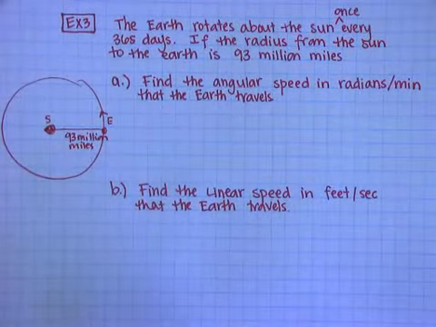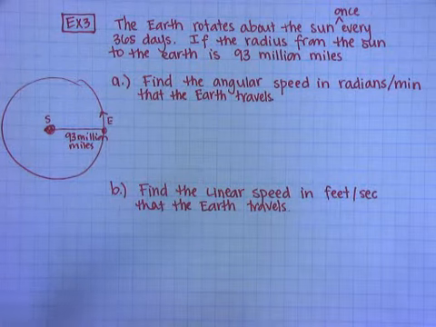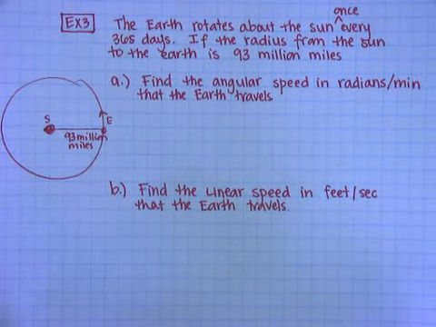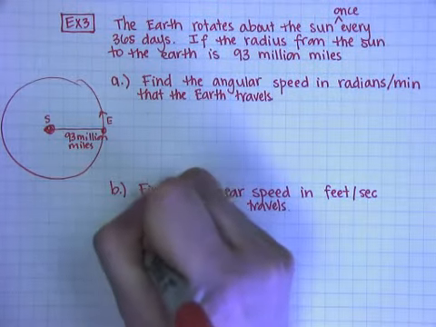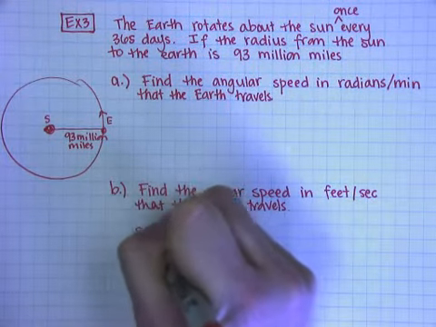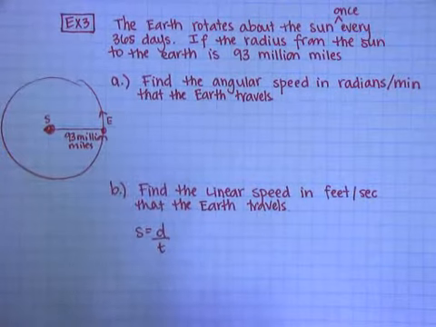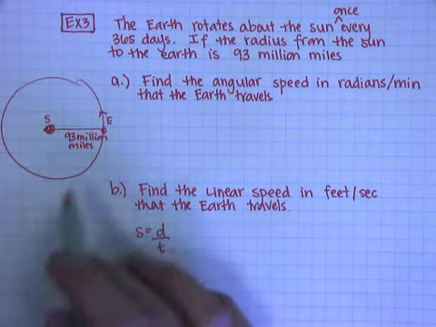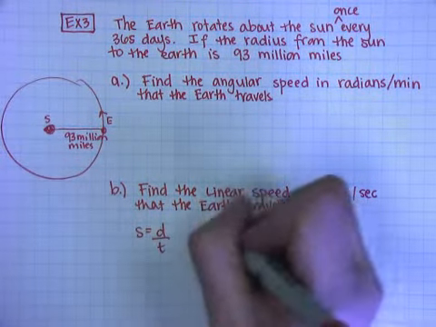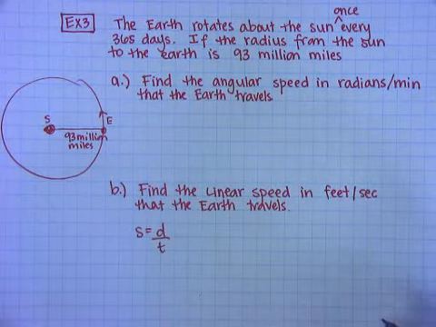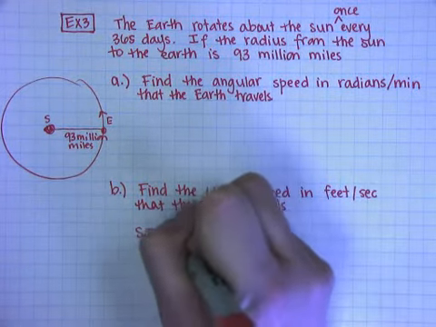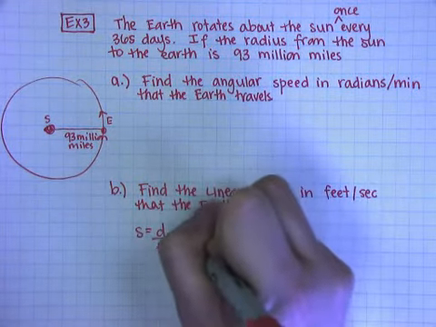Okay. So if I wanted to find just the speed that the Earth is traveling around the Sun, I want to know speed is distance over time. So I'm actually going to do the linear speed first. So let's see, speed is distance over time. I've got to figure out the distance it's traveling. Well, that's going to be the circumference, because distance is always circumference. And circumference is 2 pi r.